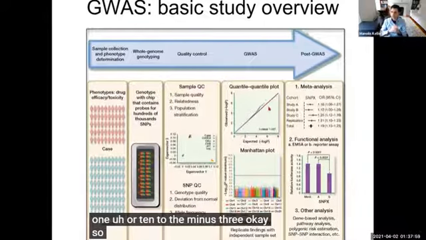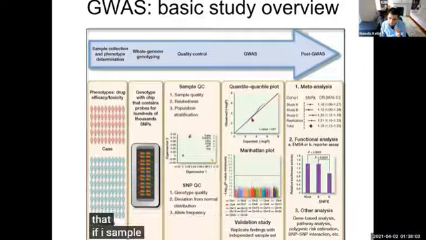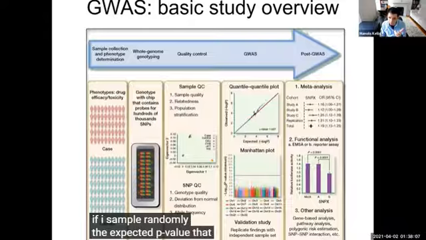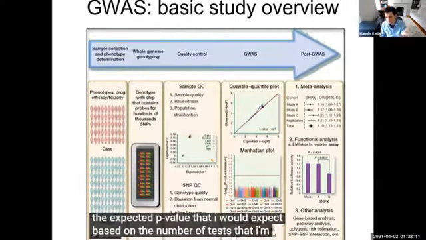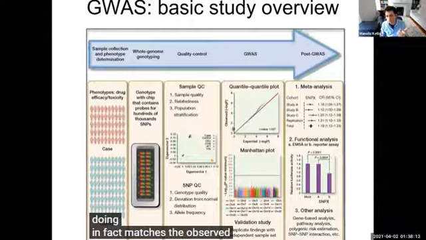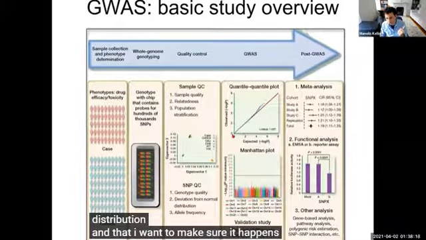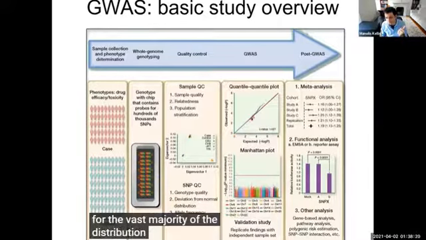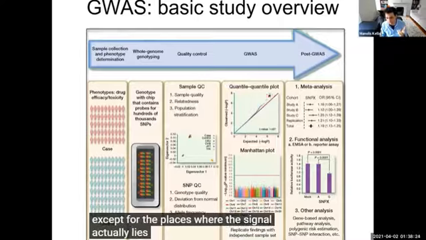Okay, so basically I want to make sure that if I sample randomly, the expected p-value that I would expect based on the number of tests that I'm doing, in fact, matches the observed p-value distribution. And that I want to make sure it happens for the vast majority of the distribution, except for the places where the signal actually lies.